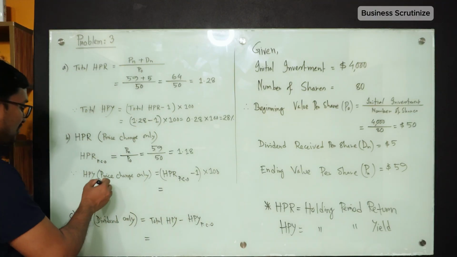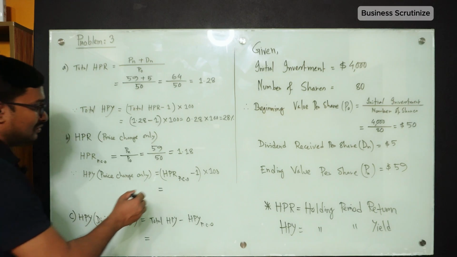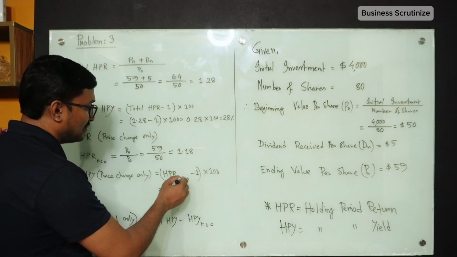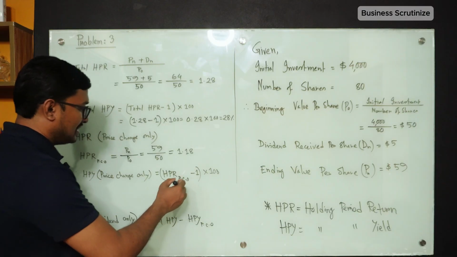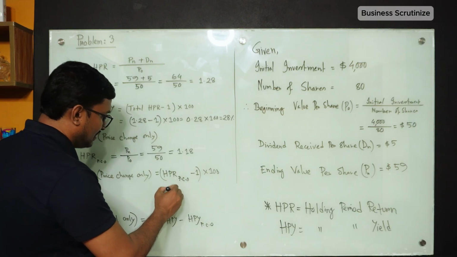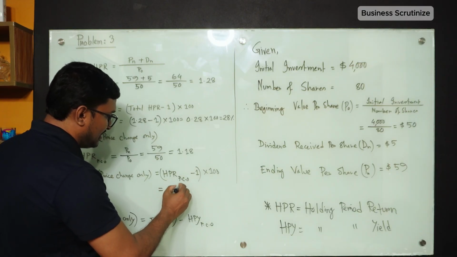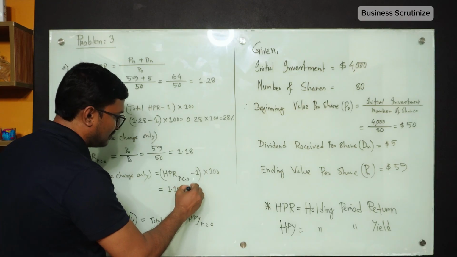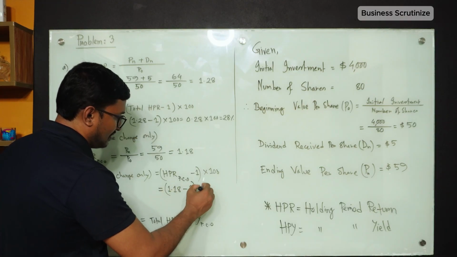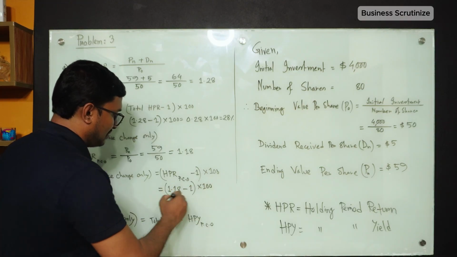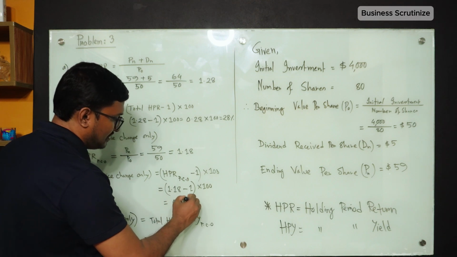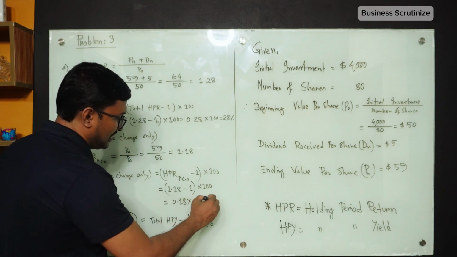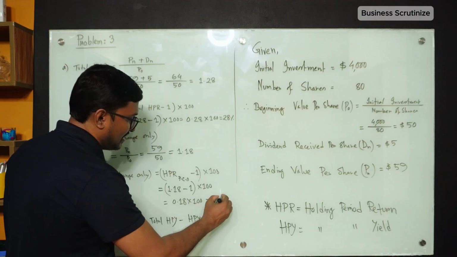Now for HPY when price change only, we can write HPY PCO, where PCO means price change only, just as we have written as per the instruction. It is 1.18 minus 1, which is 0.18, times 100, meaning 18%.